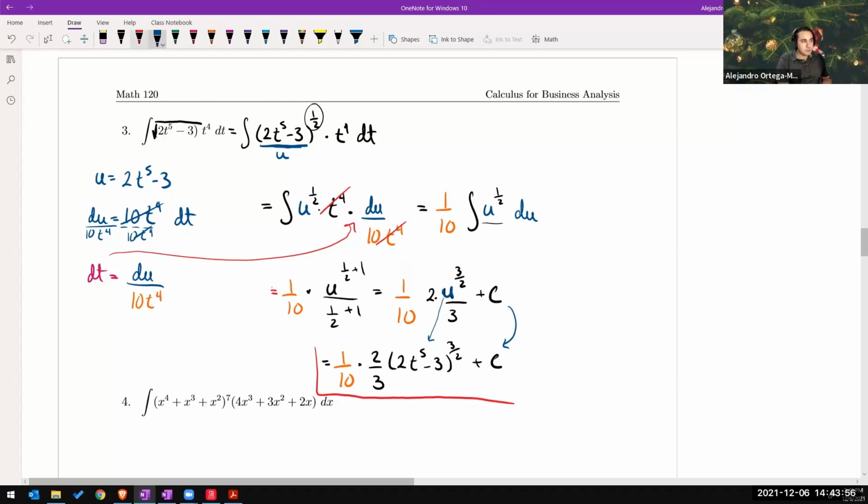Notice the 1/10 stayed exactly the same. The 2/3 stayed exactly the same as well. But the u is the only one that changed. The c stayed the same as well. Once you get a u, just go back to what you said the u was originally.